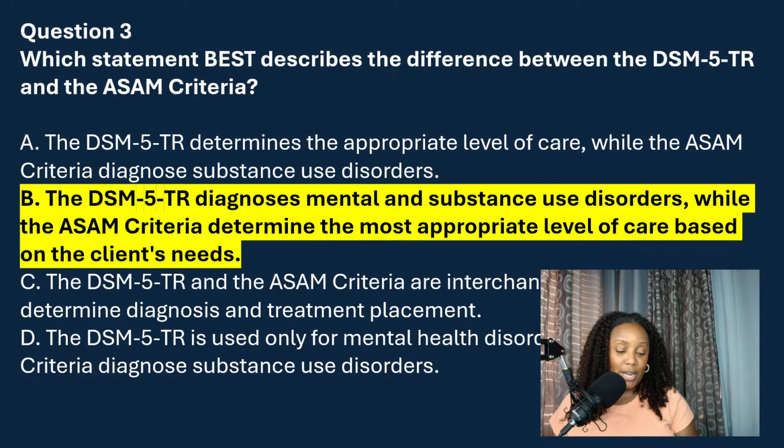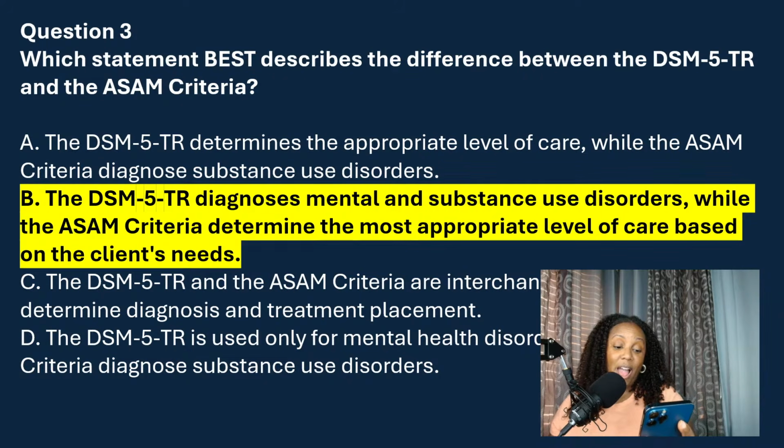A is incorrect because the roles are reversed in this answer. The DSM-5 is used to diagnose, and the ASAM criteria determines level of care. C is incorrect because they both are used in mental health, behavioral health, and substance use care, but they are not interchangeable.